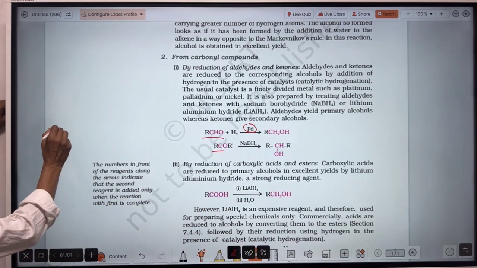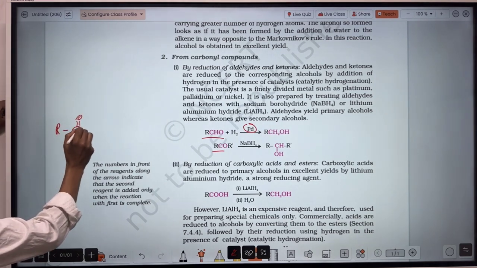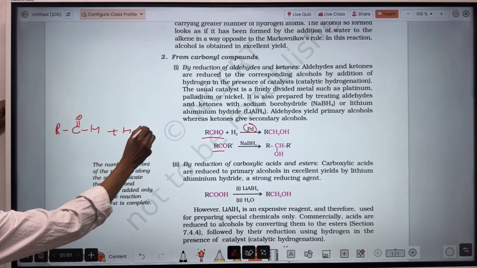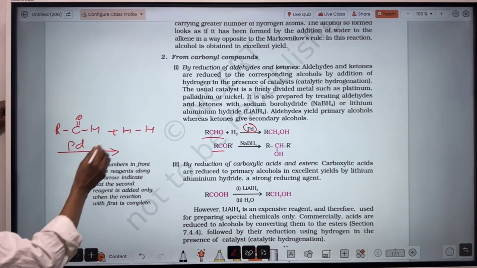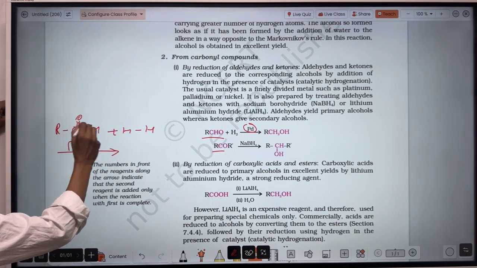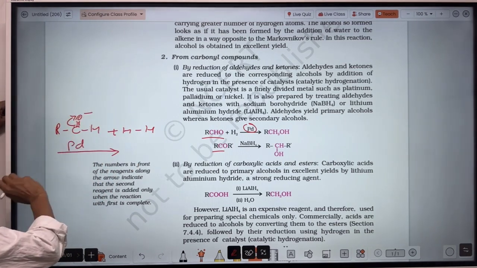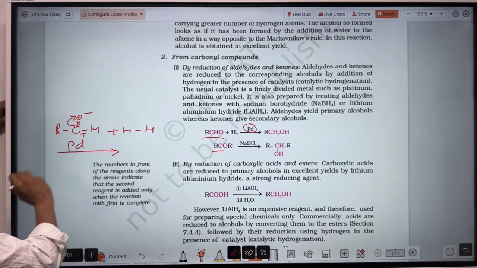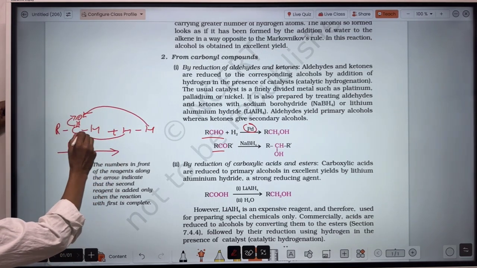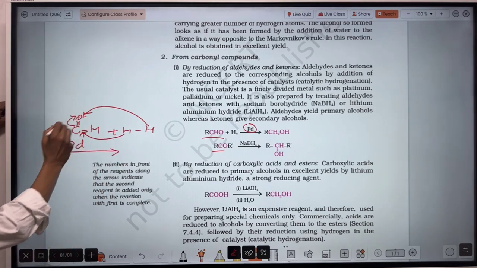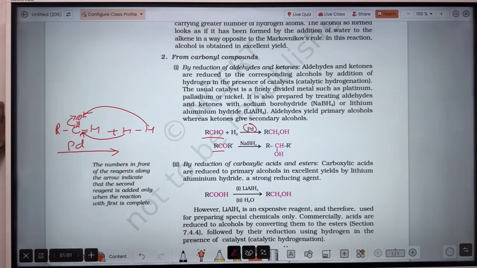So what is the structure here? I am writing RCHO here. Here hydrogen is like this. The palladium provides surface area to this hydrogen. This oxygen attracts the pi electron, so here is a negative charge and here the carbon will have a positive charge. One hydrogen will bond to this oxygen and the other hydrogen will bond to this carbon.